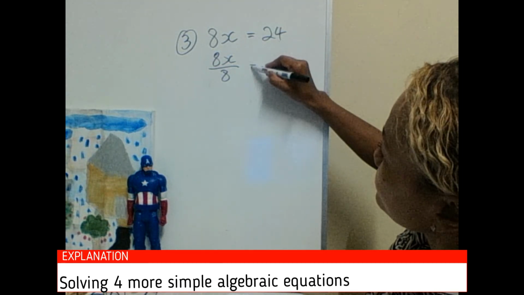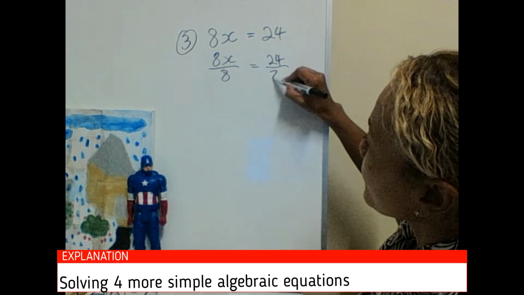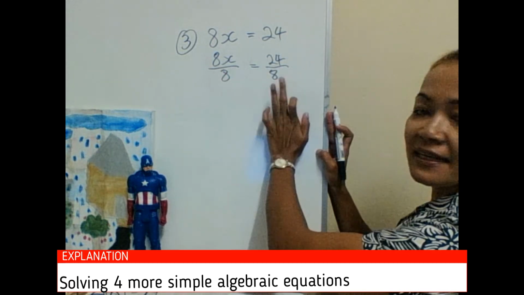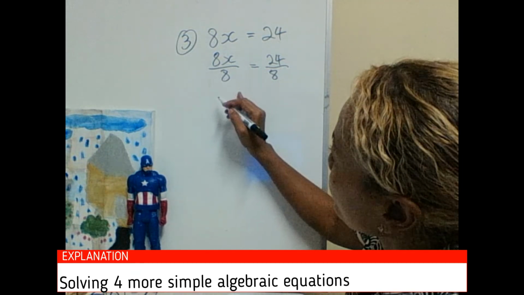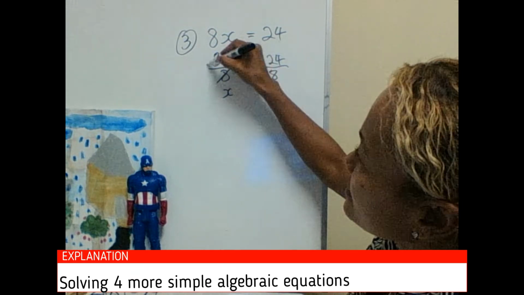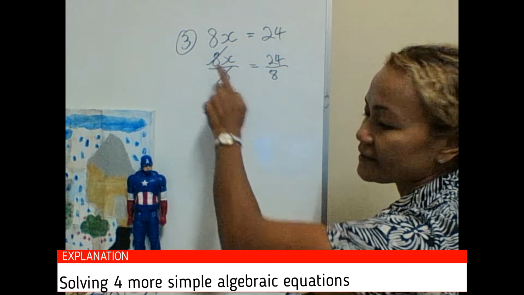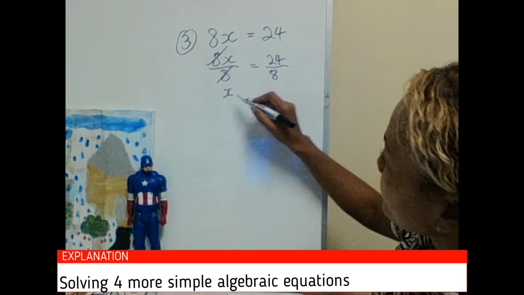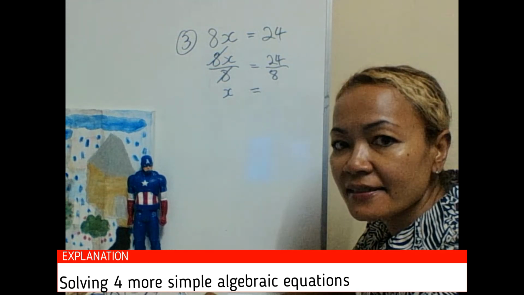Right? 24 divided by 8. So I've done the same thing over this side as over this side of the equal sign. And you're left with x here because these two have cancelled out. The times 8 and the divide by 8. So you're left with x, and over here, 24 divided by 8.